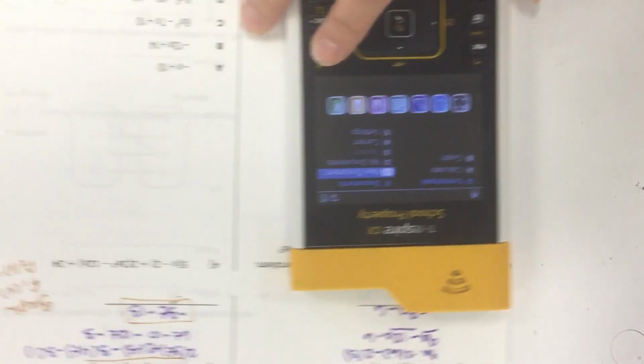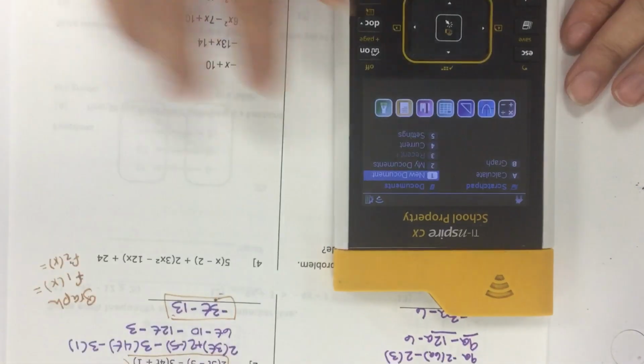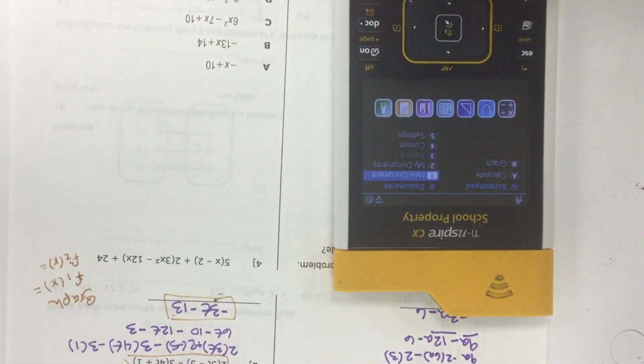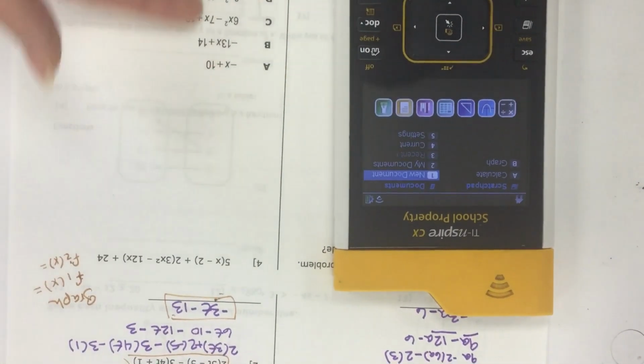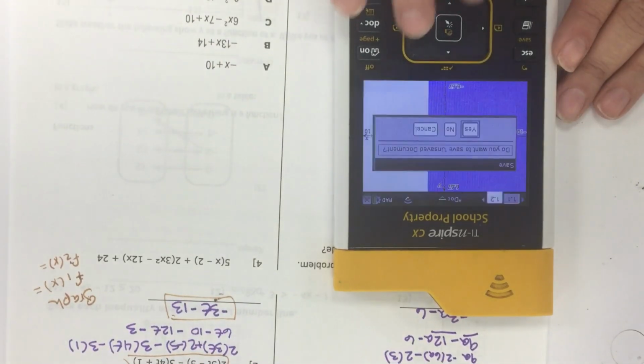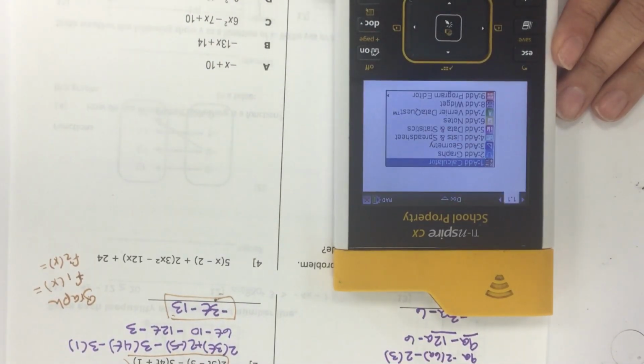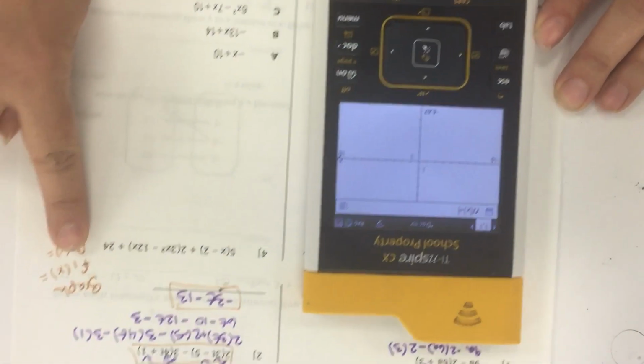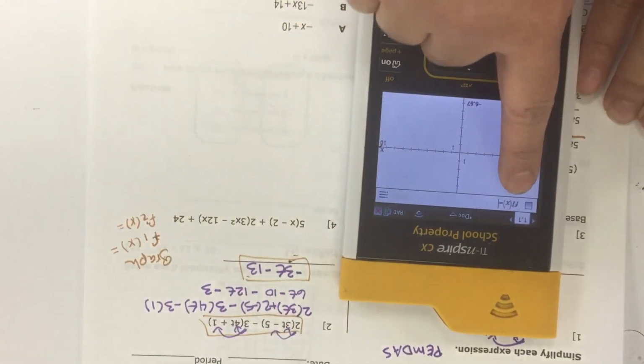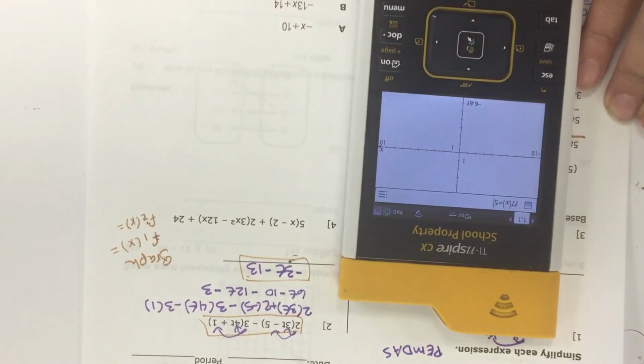For number 5, you can distribute, combine like terms, and then you'll find which expression's correct. I'll show you real quick in the calculator. So if I go to add graphs, which as I mentioned earlier, f1 of x would be the question, and I'm going to type it exactly as I see it on my paper.